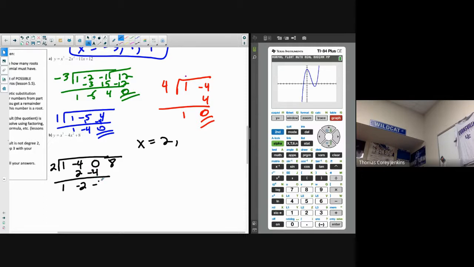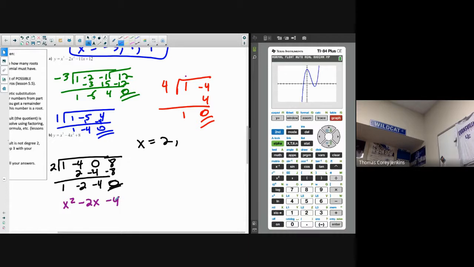Add again, that's negative 4. And we multiply to get negative 8. And we get that remainder of 0, which we should always get if we're dividing by a factor. Okay, now what we're left with is a quadratic. Okay, so that is x squared minus 2x minus 4.